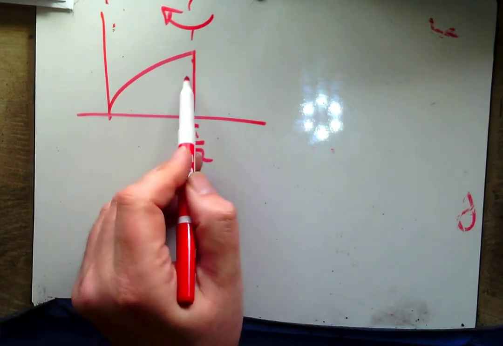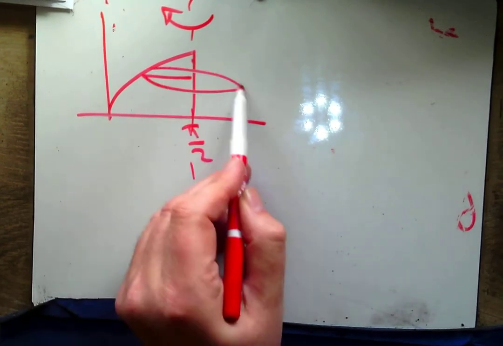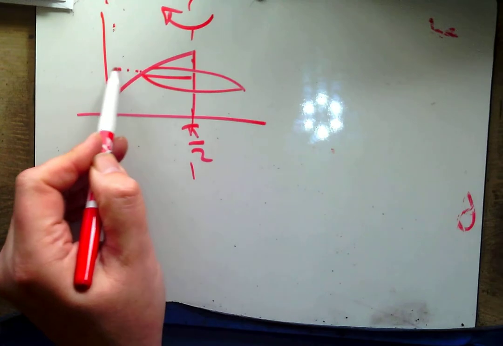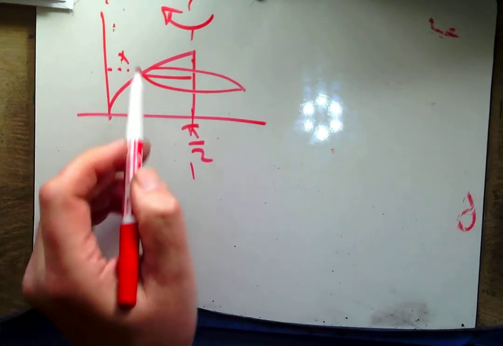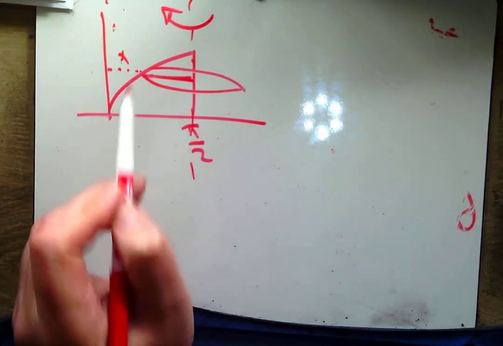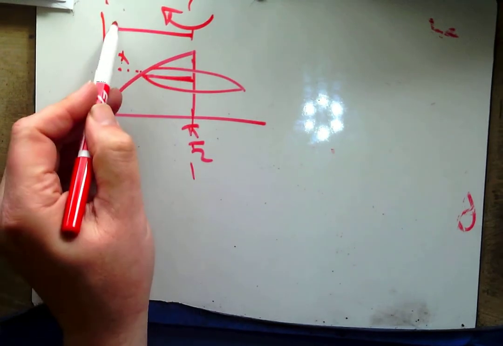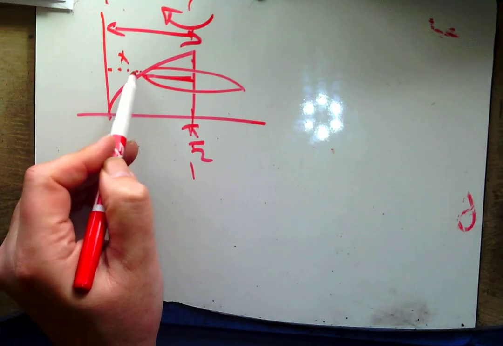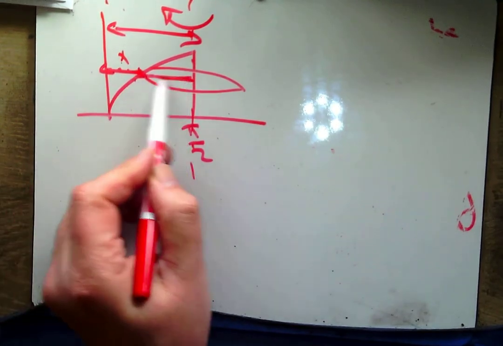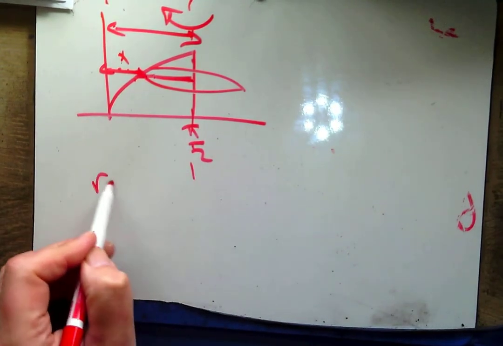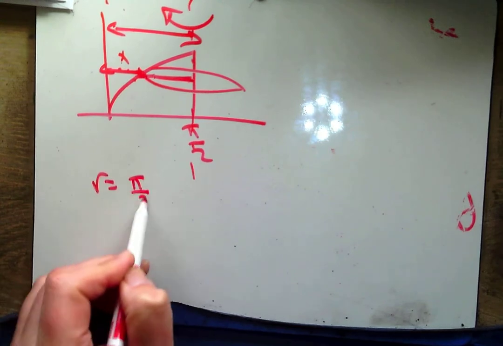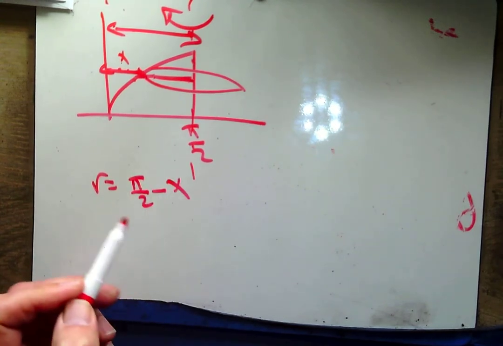When I think about doing this with disks or washers, I notice that this distance is x, and this distance is not x. This is pi over 2. This is x. So my radius is going to be pi over 2 minus x.